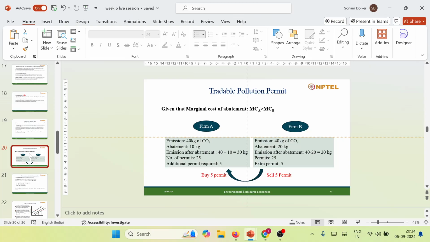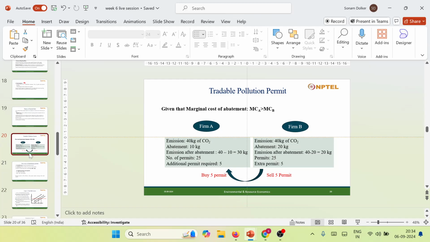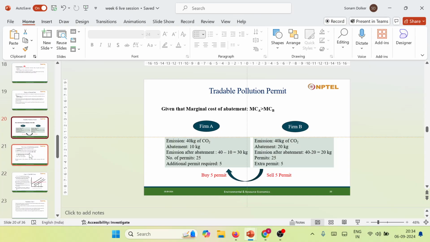And if a plant is abating more, and it has extra permits, then it can sell the permits, and those plants which are not able to abate pollution because of higher marginal cost can buy permits from other plants. So it will be abatement based on the marginal abatement cost curve. So either the plant will choose to buy permits, or it will try to abate the emission.